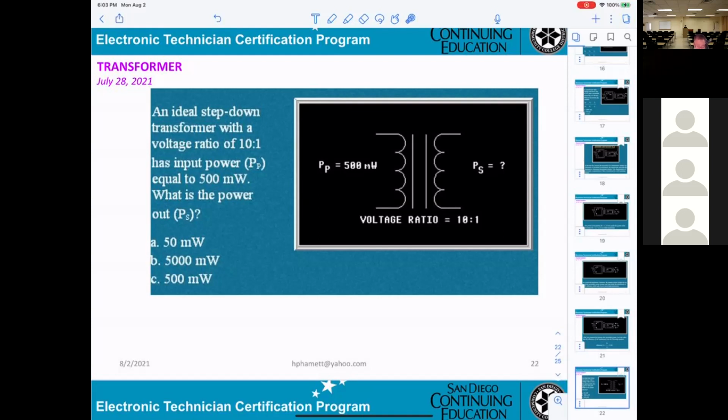Do the calculation, A or B or C? The answer is C, the same. Did you get a different answer or no?